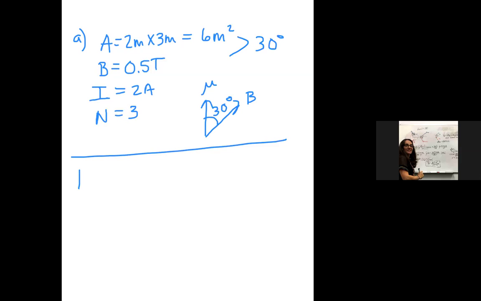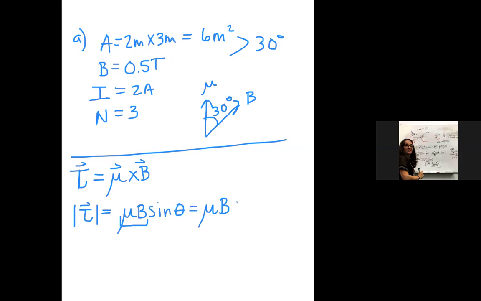Well, the torque is mu crossed into B. So the magnitude of the torque is mu B sine theta, where theta is between those two things. So this is going to be mu times B times the sine of 30 degrees. That's the angle between those two vectors.